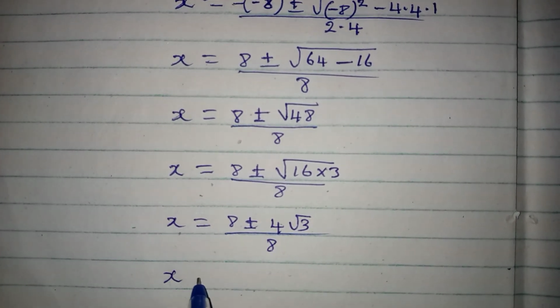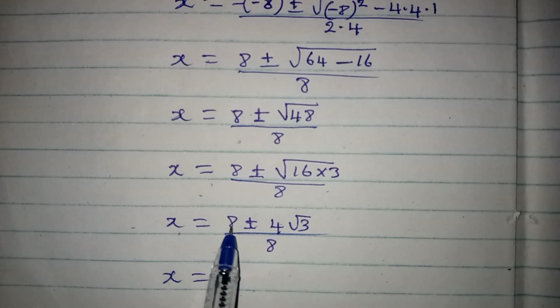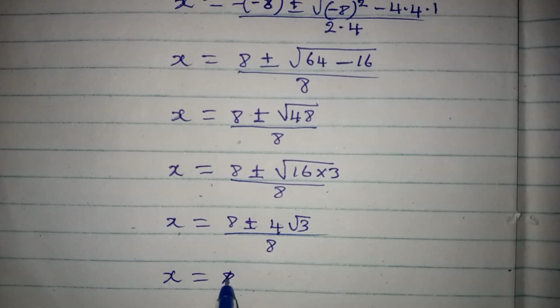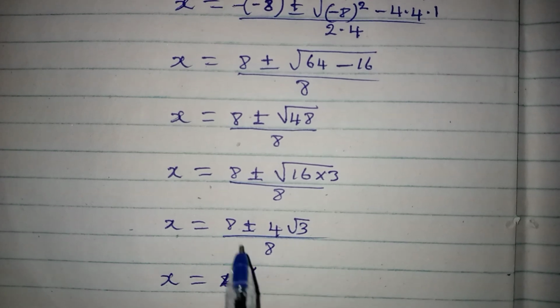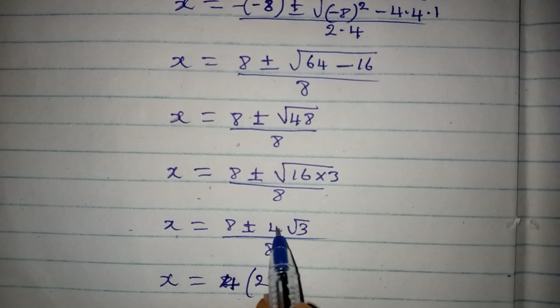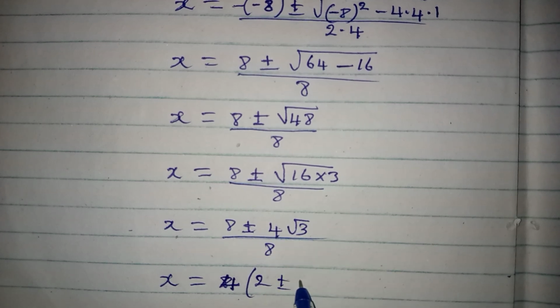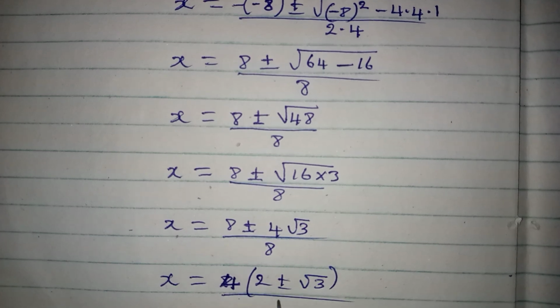X from here will be equal to 8. As a matter of fact, we can factor out 4 from both of them. So I'll factor 4 out. Then here I'll have 2 left, plus or minus. Here 4 has gone out, so we have just root 3, and this will be over 8.